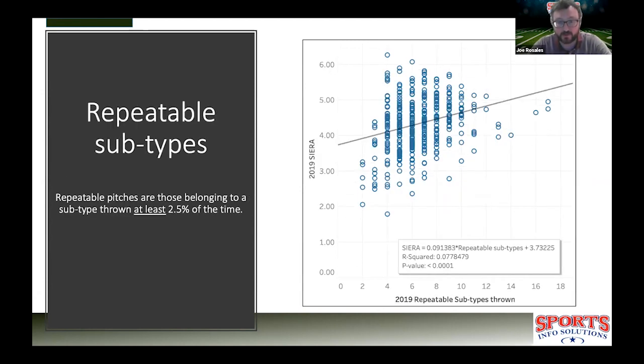Looking at the next slide, we're looking at the flip side of that, which is these repeatable subtypes, pitches that are thrown more than 2.5% of the time. And we still see a similar relationship. The more pitch subtypes that pitchers throw as it relates to these repeatable types, ones they're theoretically intentionally throwing, we still generally see a negative trend as the number of subtypes increases.